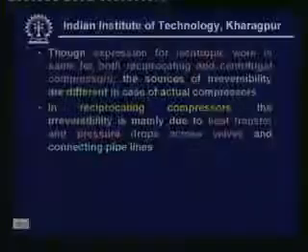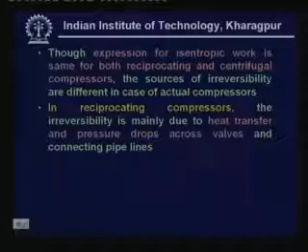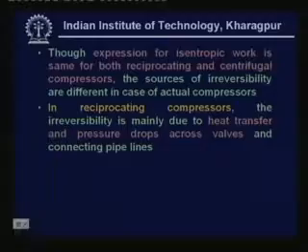Let us see what the differences are. In reciprocating compressors, the irreversibility is mainly due to heat transfer and pressure drops across valves and connecting pipelines. So what is the difference between an ideal isentropic compressor and an actual compressor? The difference lies in the irreversibilities. If you remember, in a reciprocating compressor the irreversibilities are mainly due to heat transfer from the compressor to the surroundings and from the compressor to the refrigerant or from the refrigerant to the surroundings.